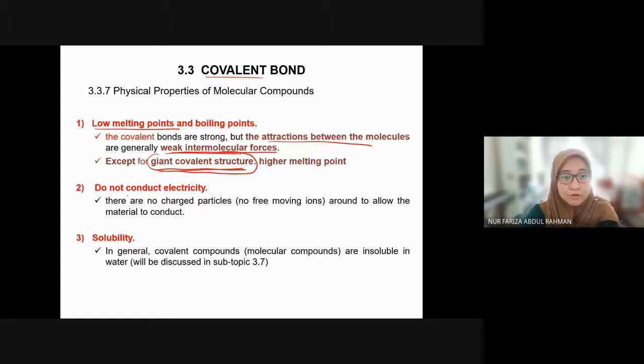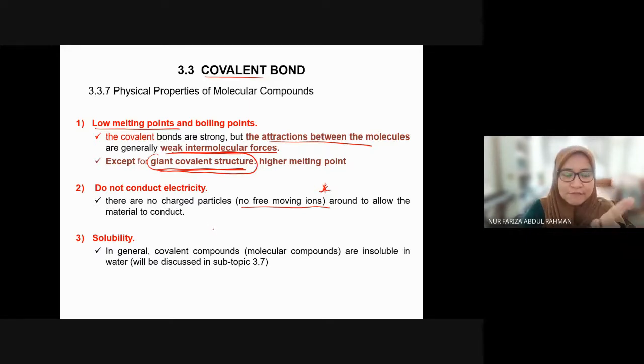Number 2, do not conduct electricity. Kenapa it does not conduct electricity? Because this is the keyword: no free moving ions. Okay, opposite to ionic compound. Ionic compound pun you have to be careful, okay? Because ionic compound, if it is in solid state, it still cannot conduct electricity.